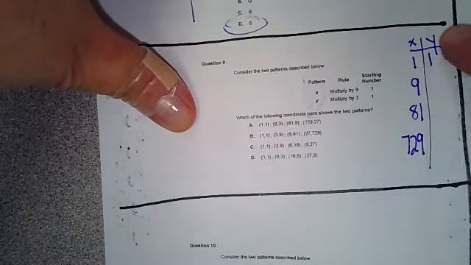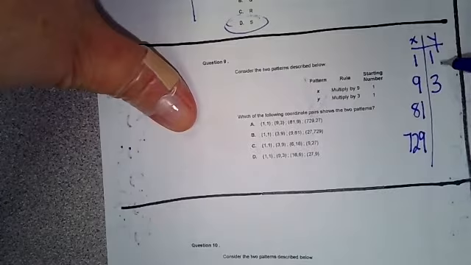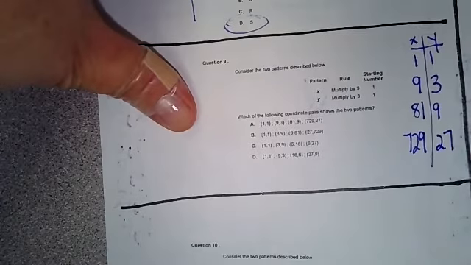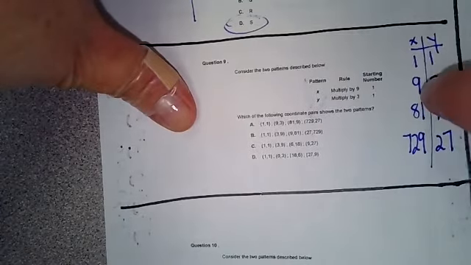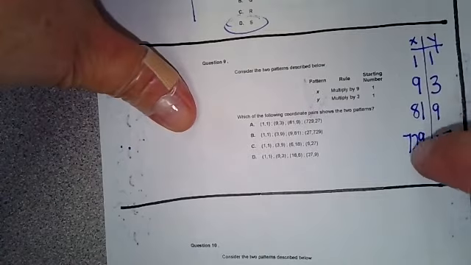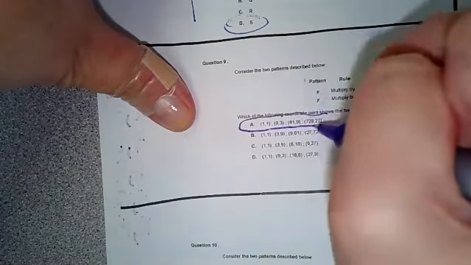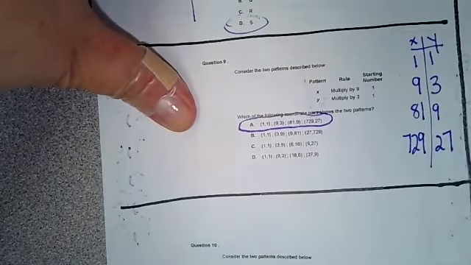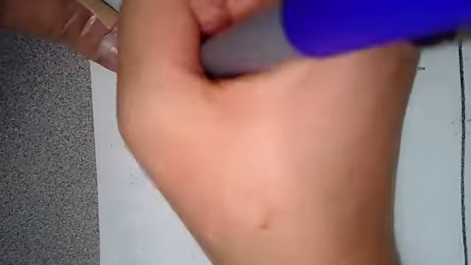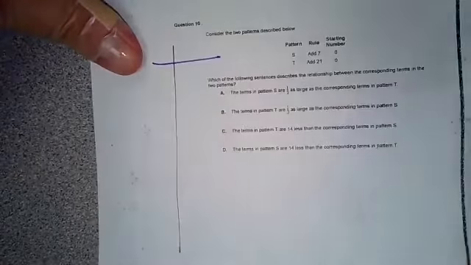For Y, the rule is multiply by 3. 1 times 3 is 3, 3 times 3 is 9, 9 times 3 is 27. So we have 1, 1; 9, 3; 81, 9; 729, 27. Which one corresponds with that? That is A.